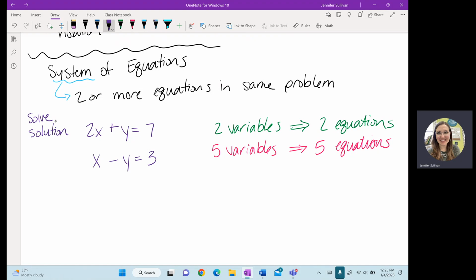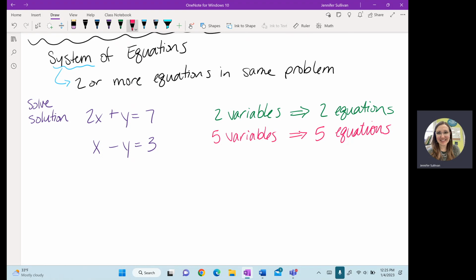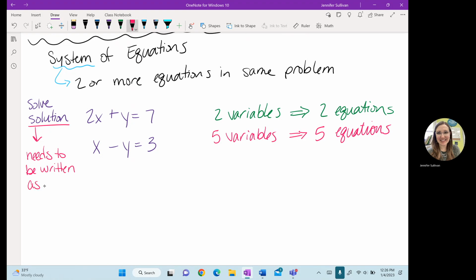Now, in order to solve a system of equations, another thing we need to do is know how to write our answer. I'm not actually giving you any steps yet in order to find the answer, but our solution always needs to be written as a coordinate point.